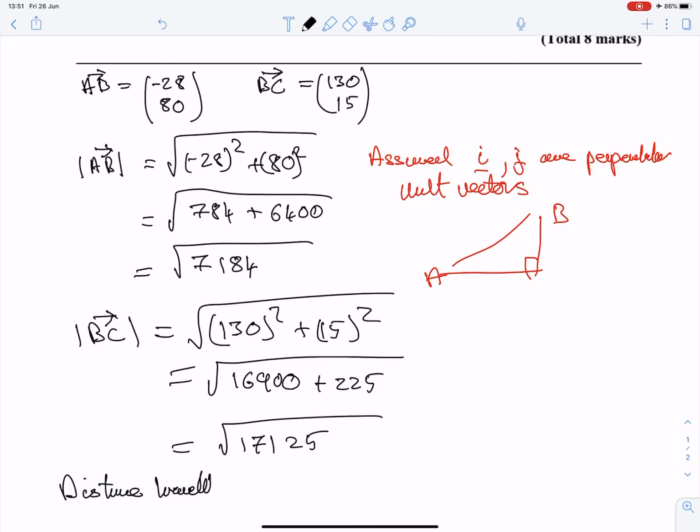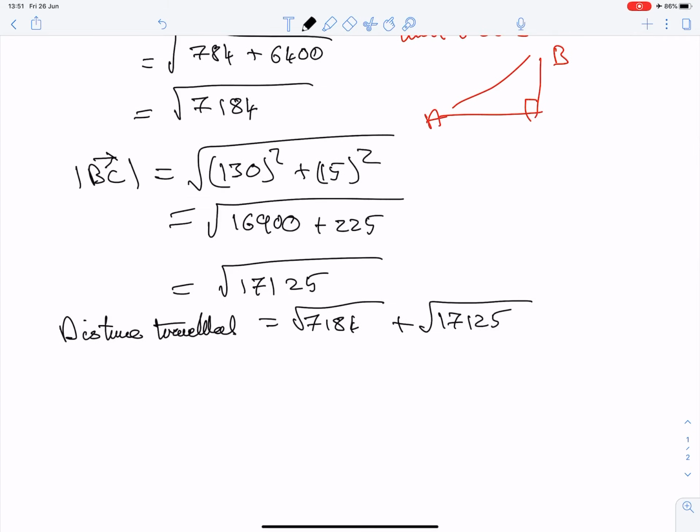So distance travelled is those two added up, root 7184 plus root 17125. Tapping it in the calculator, it's going to be around 130-ish probably.